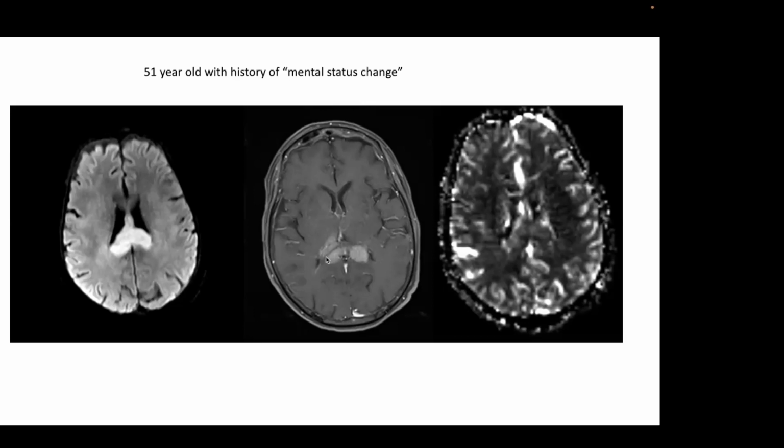As you know, demyelinating lesions, so-called tumefactive demyelination, usually have peripheral enhancement. This seems to be enhancing centrally. There is mass effect you can see on the atrium of the lateral ventricle. It shows restricted diffusion, not really dark, but kind of dark. And so your differential here should be lymphoma and high-grade glioma, probably favoring lymphoma.